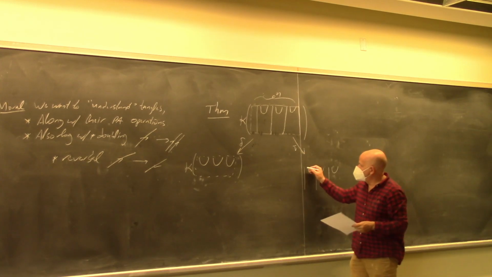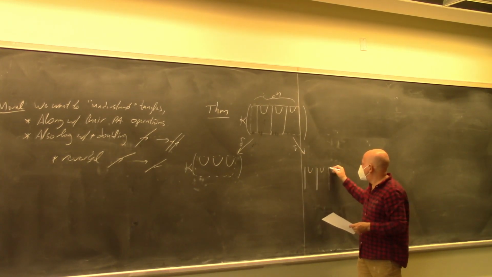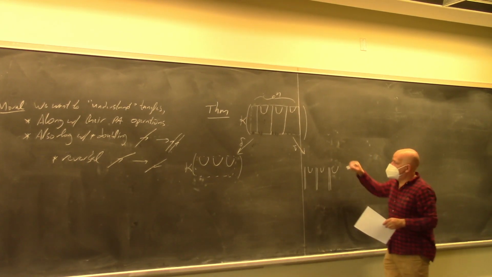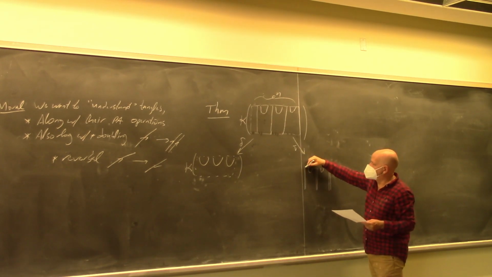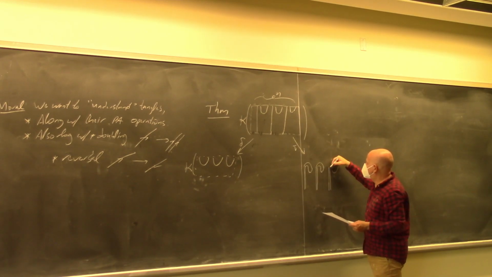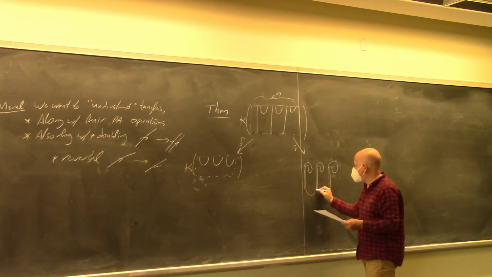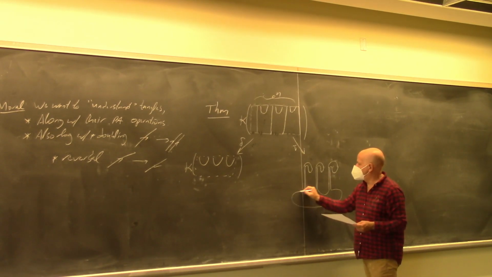So first of all, you double all of the vertical lines, and then you make connections as follows. You connect this to this and this to that, and on the other side you connect this to this, this to this, and this to that.